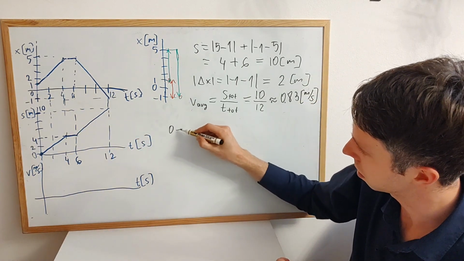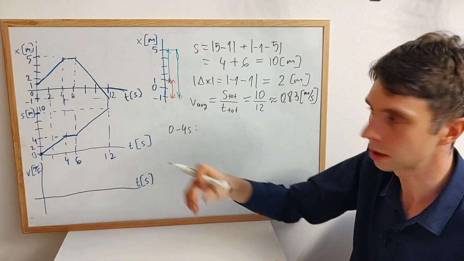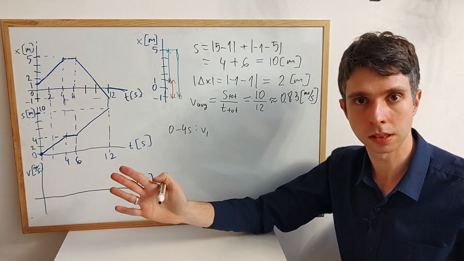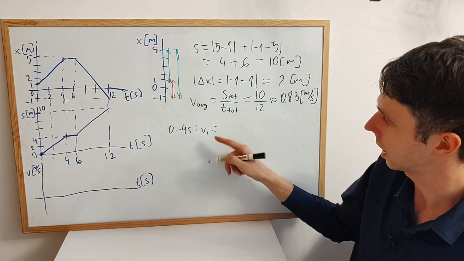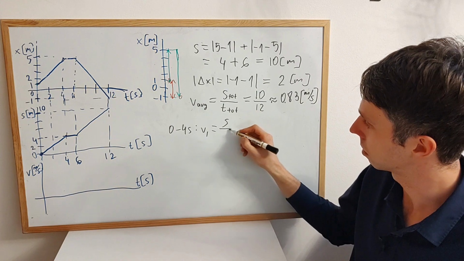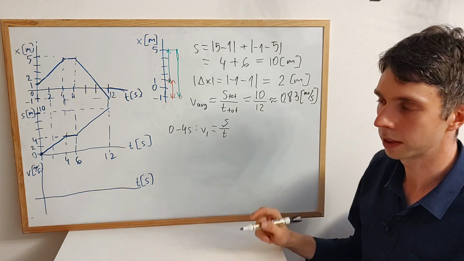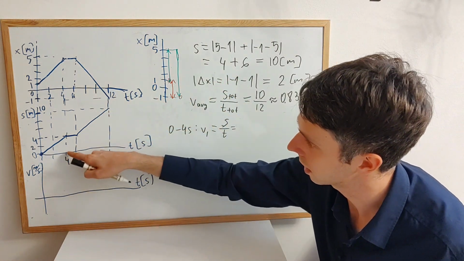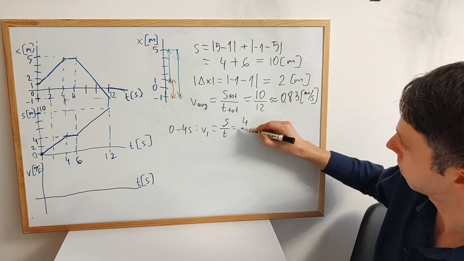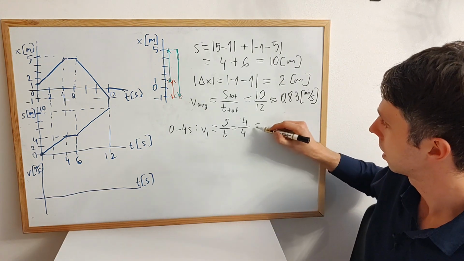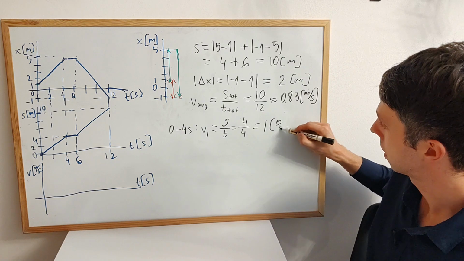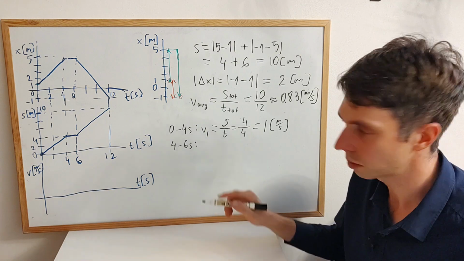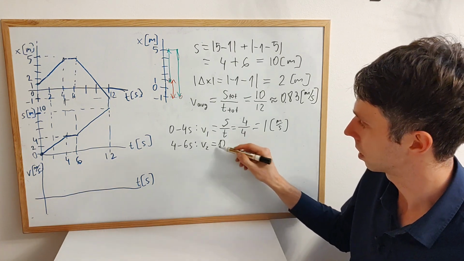So from 0 to 4 seconds, that's the first interval, so let's call it v1, and we know that this is uniform motion, so we calculate speed from the known formula, distance over time. And the distance in these 4 seconds is 4 meters, so you have 4 over 4, so it's 1 meter per second. From 4 to 6 it doesn't move, so speed is 0.